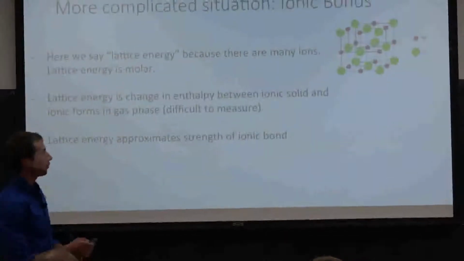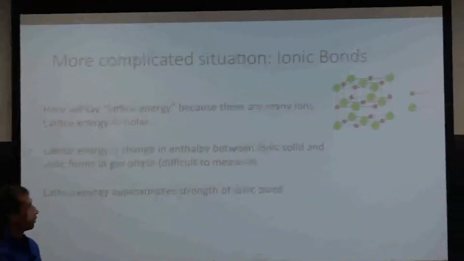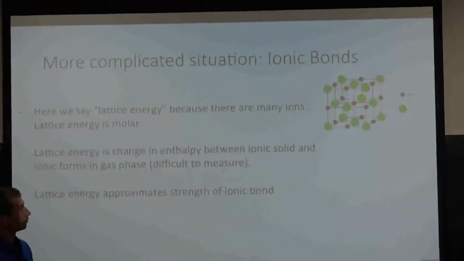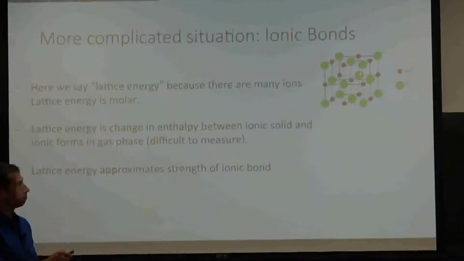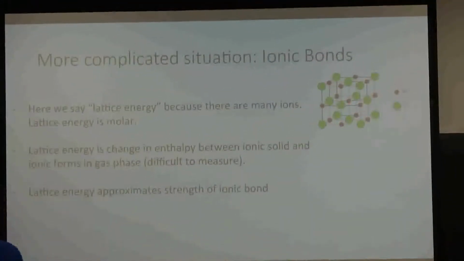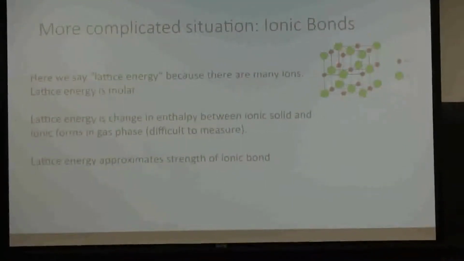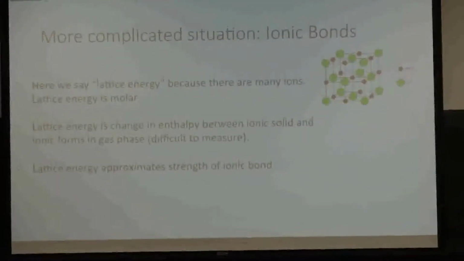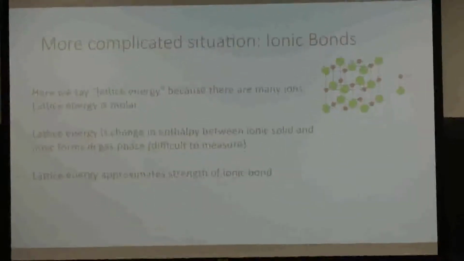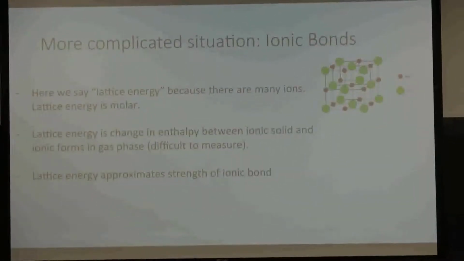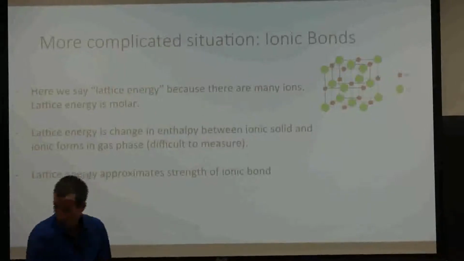Because if we look at a sodium chloride crystal, each one of these interactions between the sodium and chloride is something like this, right? So how could we use that to estimate it?